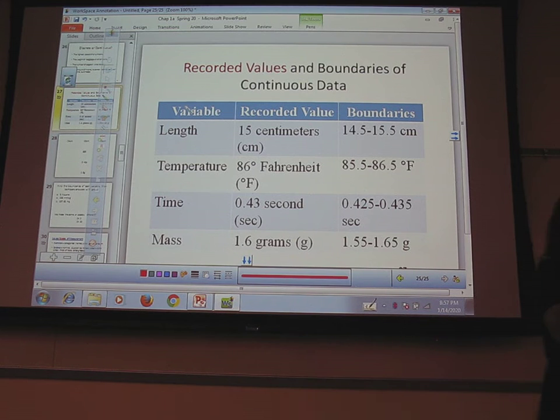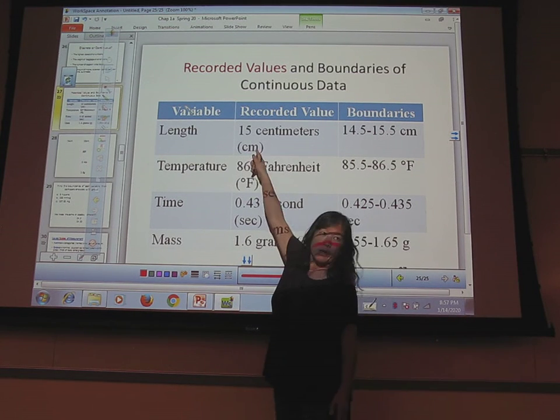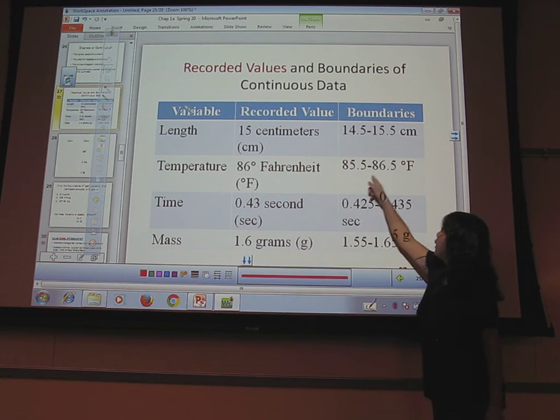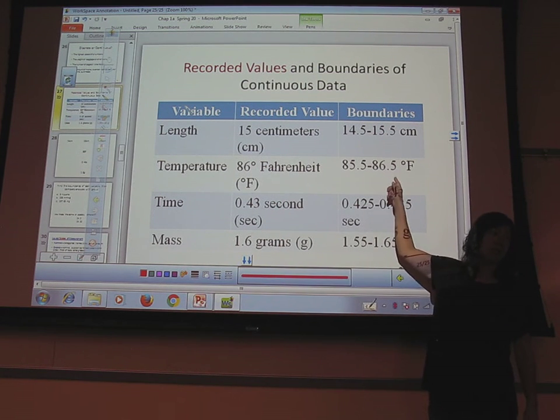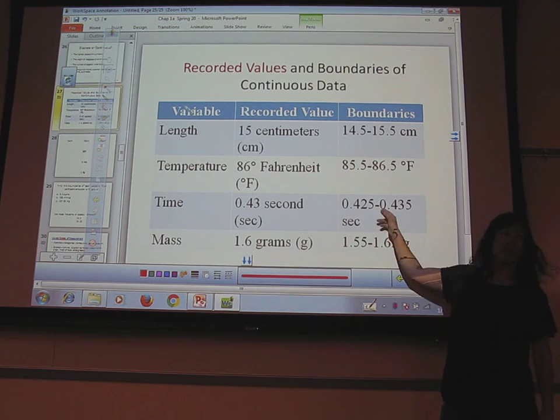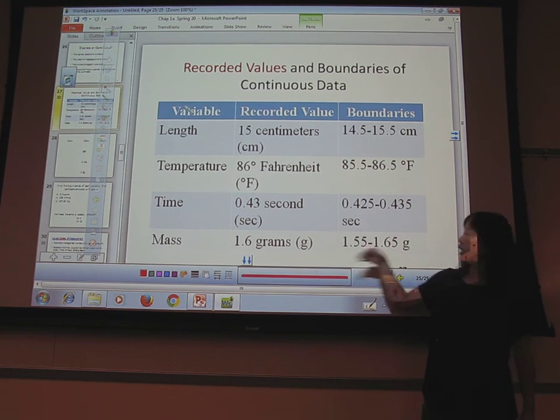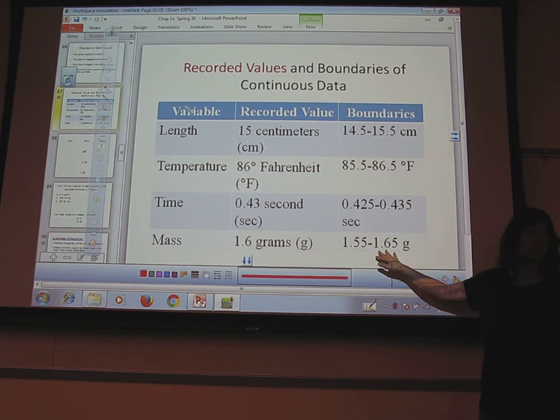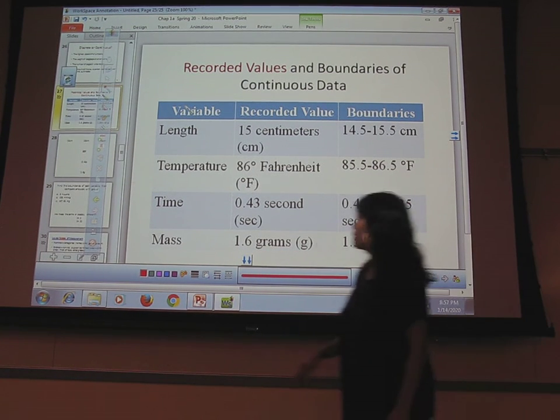You will notice that the boundaries have one more decimal place than their actual data. These have no decimal places, so their boundaries have one decimal place. These have 2 decimal places, so the boundaries have 3. One more, right? With 1 decimal place, these are going to have 2. That will always be the case.